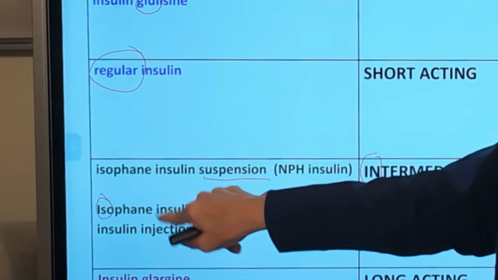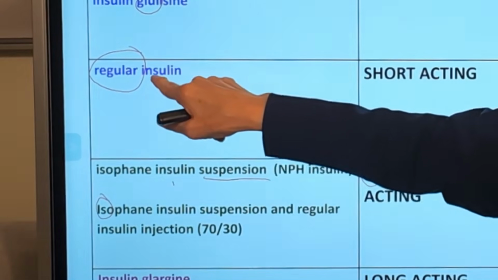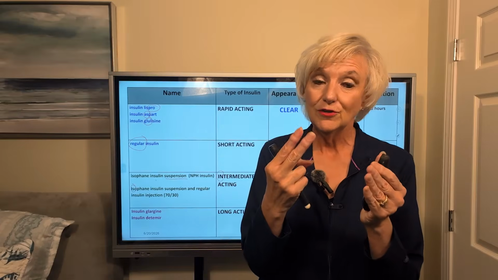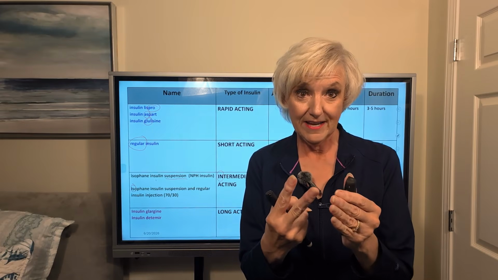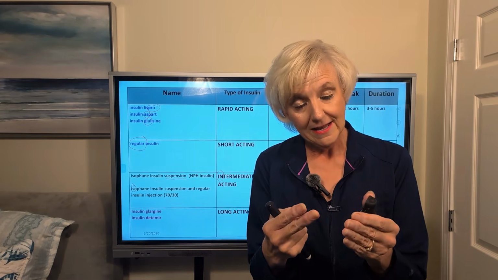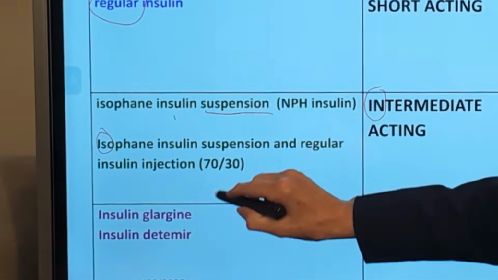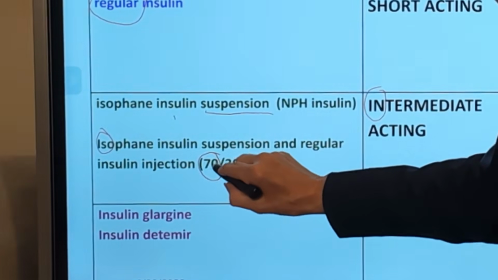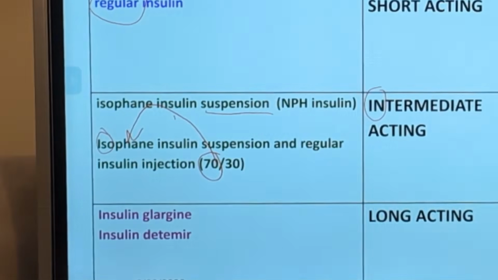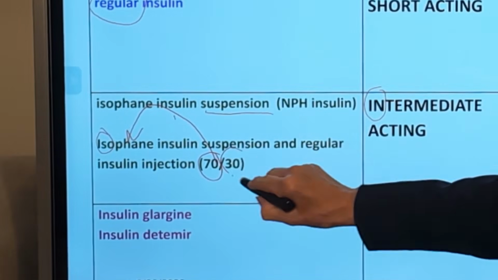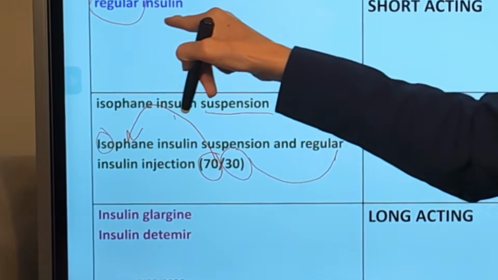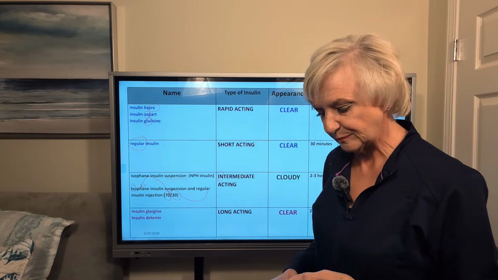So it's got this in it plus this together. So you're going to have two things in the vial together that make it cloudy, and you're going to have to roll them together. And what 70/30 means is you've got 70% of the intermediate acting in that vial and 30% of the short acting in that vial.